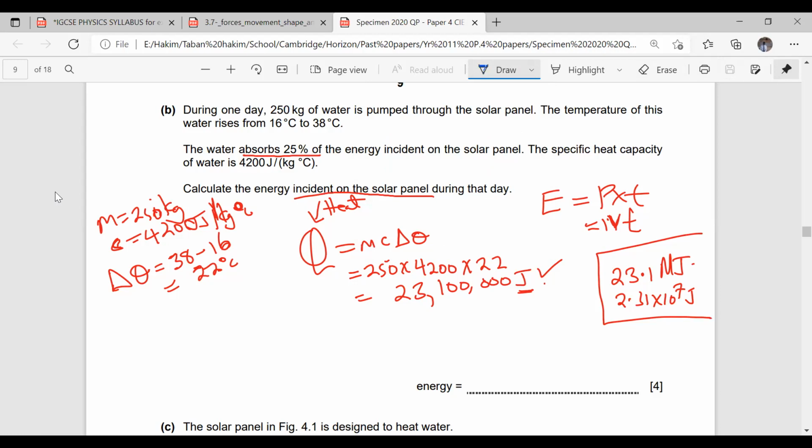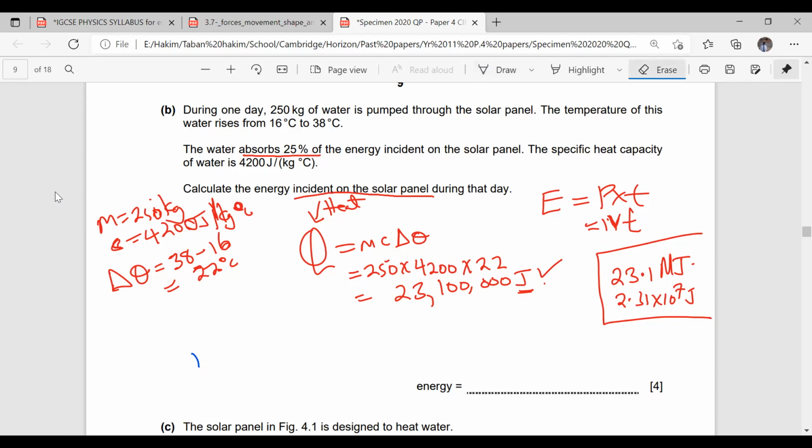So will it be 25 over 1? No. Yes, 25 over 100 times 23.1 megajoules.